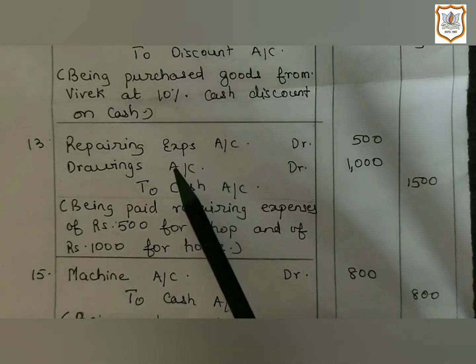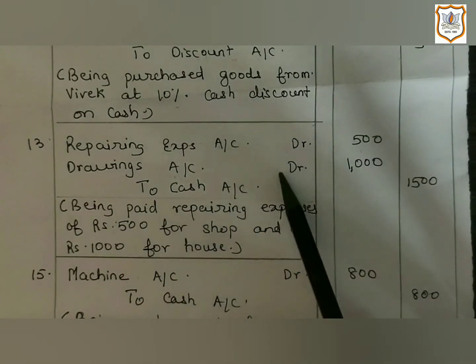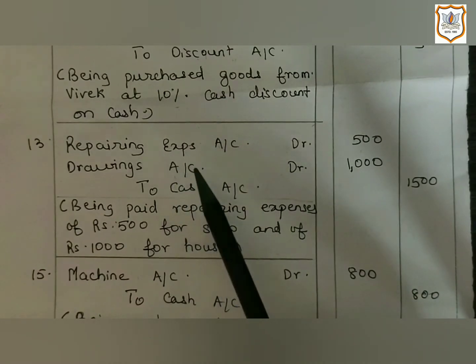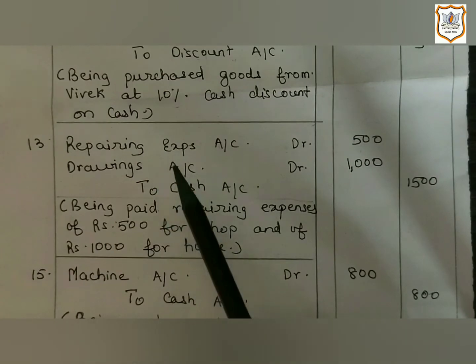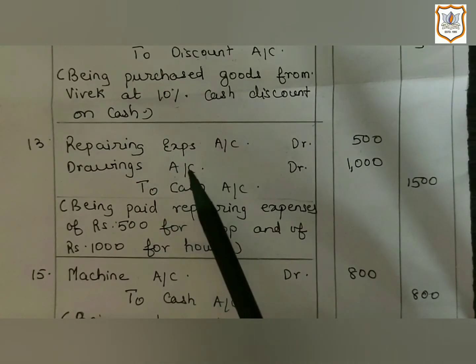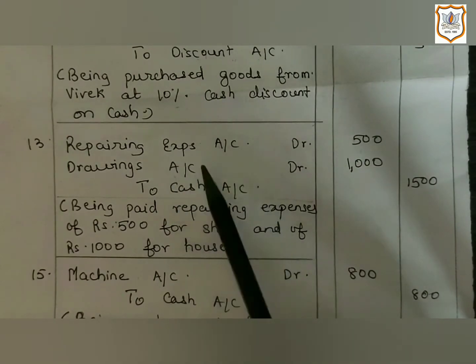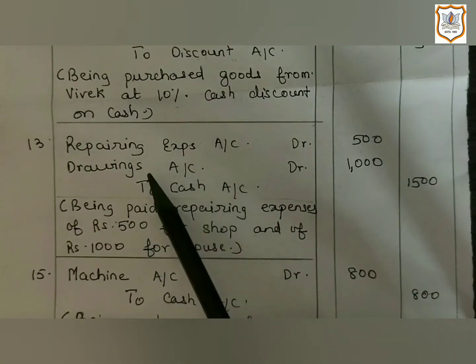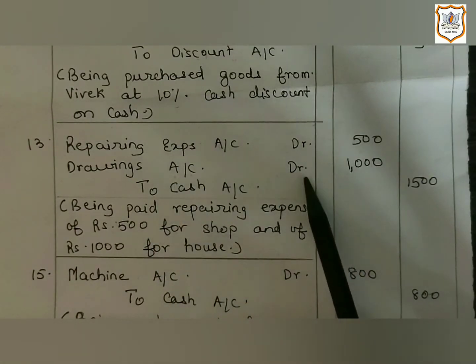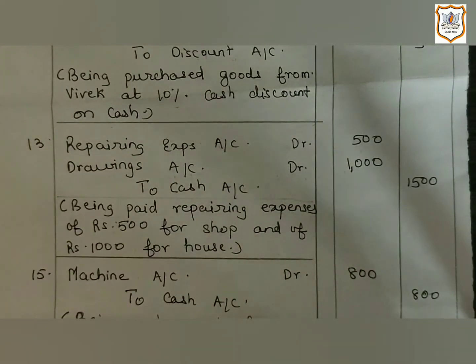That's why drawing account will be affected here, and as per the rule of personal account, that is debit the receiver. Here the owner is the benefit receiver. He is paying his personal expense, that is house repairing expense, out of business fund. So in this way he is the benefit receiver. That's why drawing account will be debited by rupees 1000.